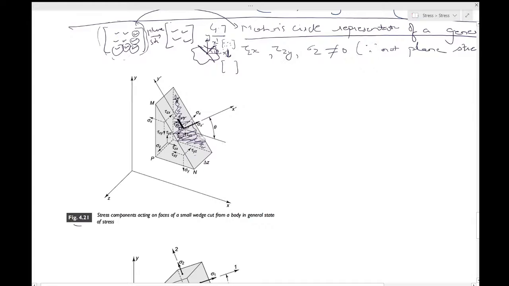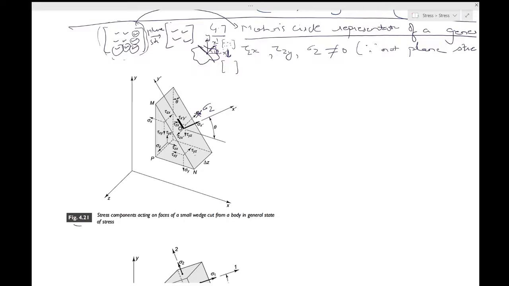For that it's shown by the dashed line. I think this should be sigma z, so please make a correction of this in your textbook. And then the rest of the components are tau zy and tau zx. So this is correct. Only one correction is there. This you can make in your textbook.